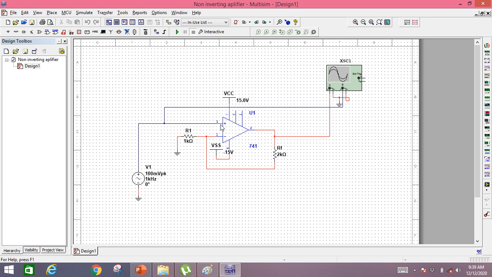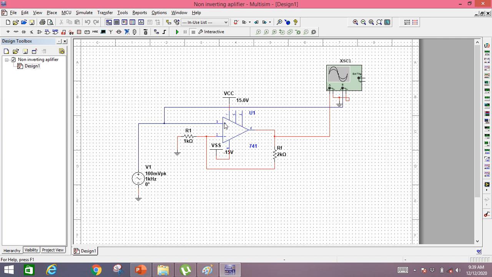In the inverting voltage amplifier we will apply the input signal to the inverting terminal of the op-amp. As I have told you, this terminal is the inverting input terminal of the op-amp, whereas the positive sign indicates the non-inverting terminal of the op-amp.